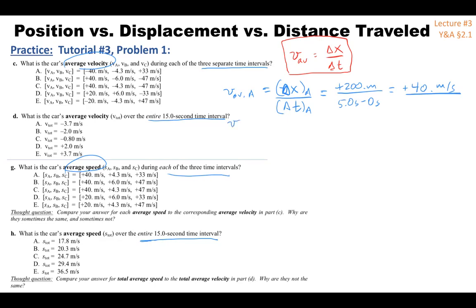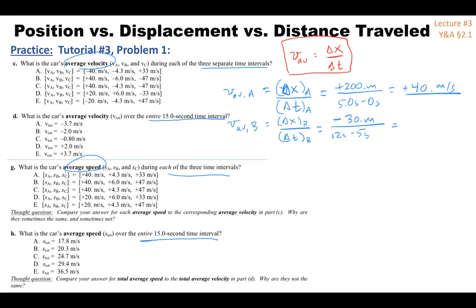Let's do one more of those. Average velocity over time interval B. Sorry that my handwriting with the stylus is not the best. Okay, so looking back at part A of the problem, we calculated that the displacement during time interval B was negative 30 meters. And then what about our time interval? Well, that's going to be equal to 12 seconds minus 5 seconds. Okay, and there's an extra sig fig there that I'm just not writing, just so I can squeeze this into the space I have.